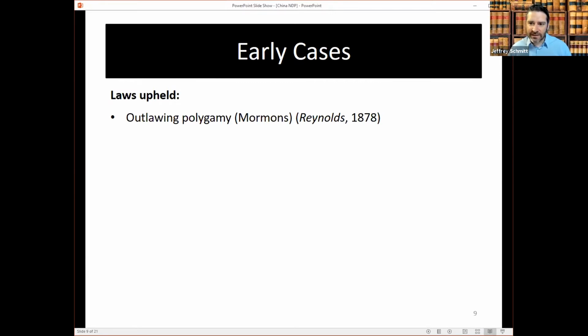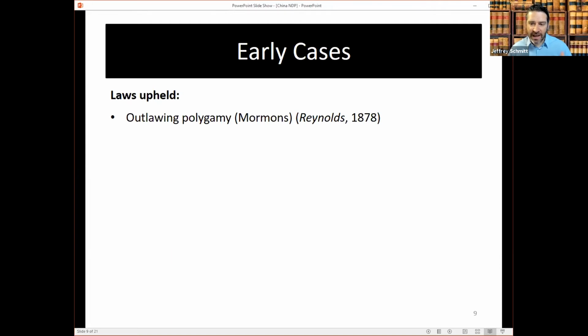We had the Mormons, who were really looked down upon by the majority religion. I don't know if you know anything about Mormons. It's a religion that originated in the United States. It's basically a branch off of Christianity. And we had laws that were targeted against the Mormons in the 1800s.